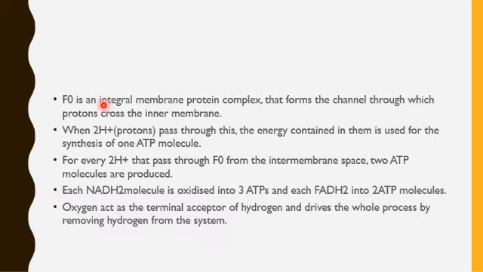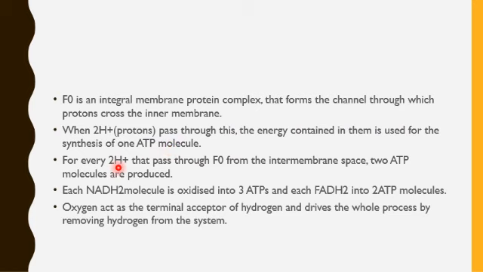F0 is an integral membrane protein complex that forms the channel through which the protons cross the inner membrane. When two hydrogen ions, that is, when the protons pass through this, the energy contained in them is used for the synthesis of one ATP molecule.